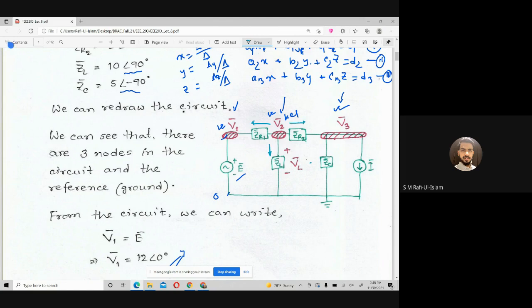What is this current? This current is V2 minus V1 divided by ZR1. This current is V2 minus 0, because this is connected to ground, so V2 minus 0 divided by ZL. And this component is connected between V2 and V3, so V2 minus V3 divided by ZR2. So this is our target.